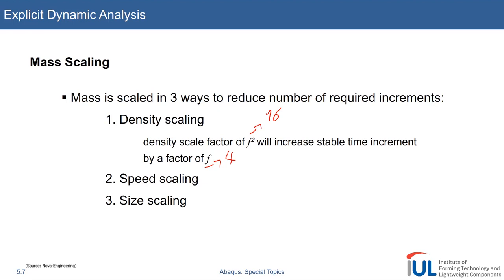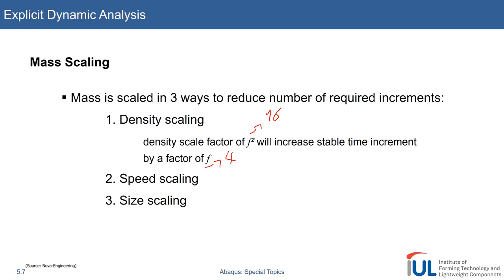And this explains now, if you do a density scale factor of power of 2, the actual gain in your stable time increment will be the square root of it. So don't get confused. You use 100, then your simulation won't be 100 times faster, but it should be very much around 10 times as fast as your original simulation, because your delta t is 10 times bigger.